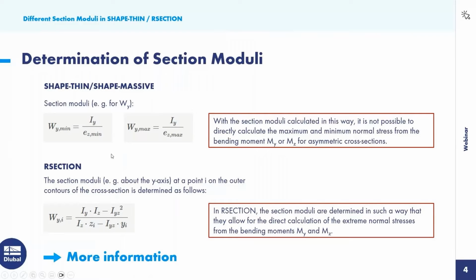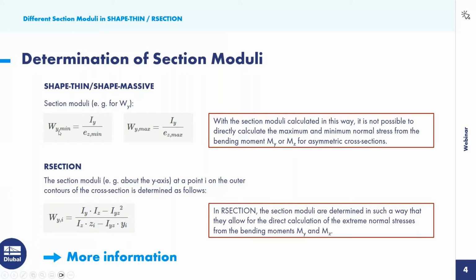Yeah, the reason for that is the determination of the section moduli. That's different in ShapeFin and in RSECTION. For example, in ShapeFin and ShapeMassive, the section moduli is determined by that simple formula.